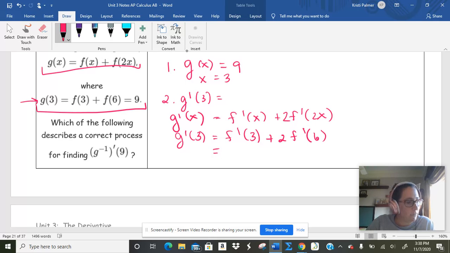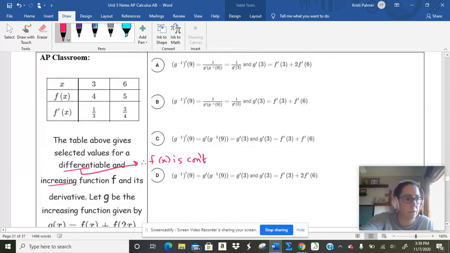And f prime of 3 was 1/3 plus 2 times f prime of 6. f prime of 6 was 3/4. So that's 1/3 plus 3/2. That would be 11/6. Probably went too far. Which one did it want?